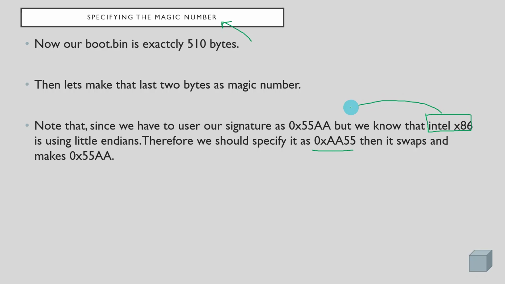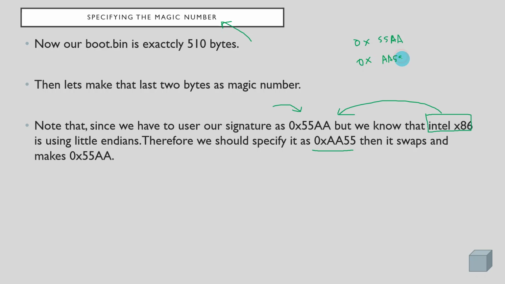Intel uses little endian, so in the assembly we need to specify it as 0xAA55.